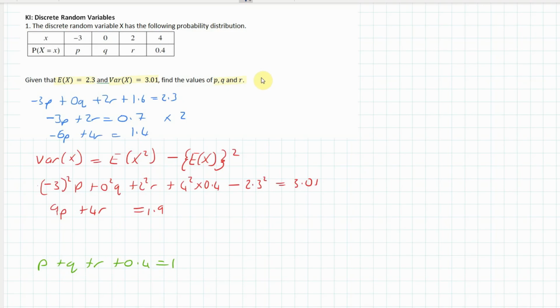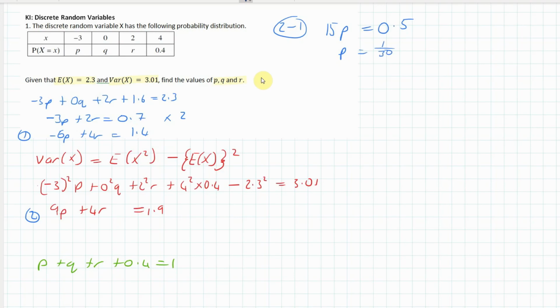So I'm going to add this 1 and 2, and I'm going to subtract 1 from 2. So I get 9 take away -6, which is 15p. And then I get 1.9 take away 1.4, which is 0.5. And so p is equal to, what's that? 0.03 recurring, or 1/30th.